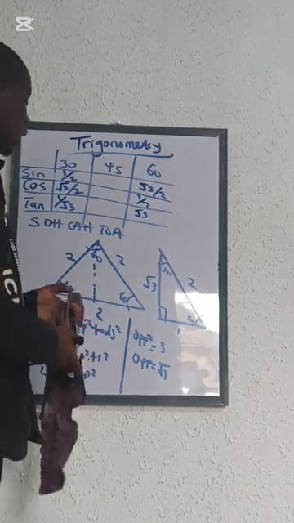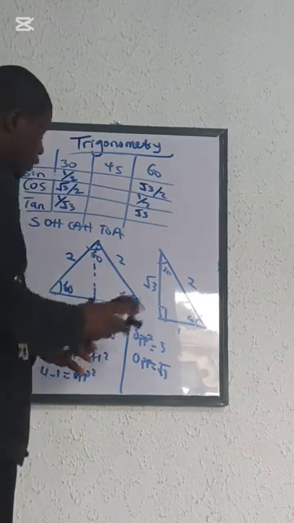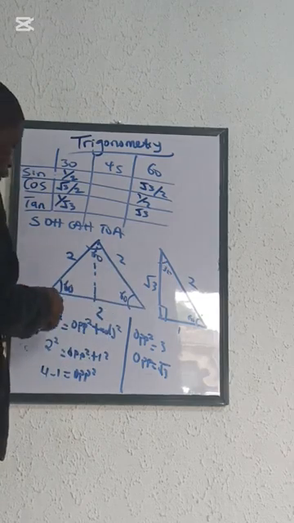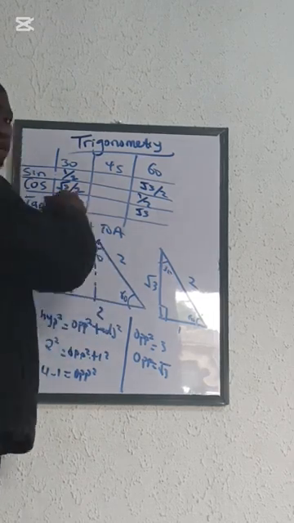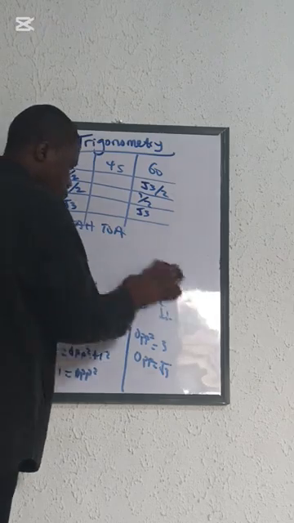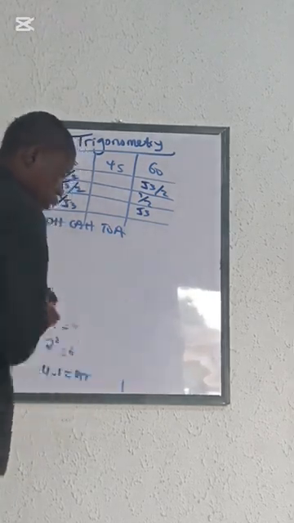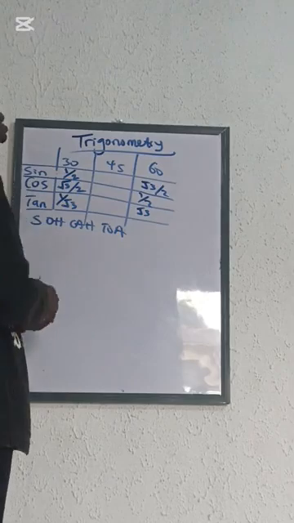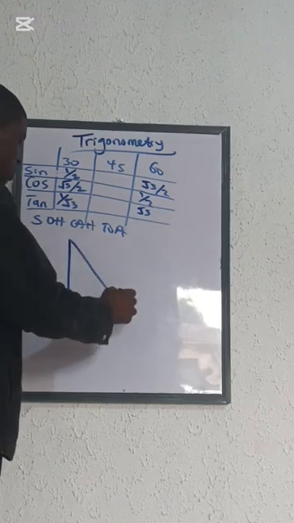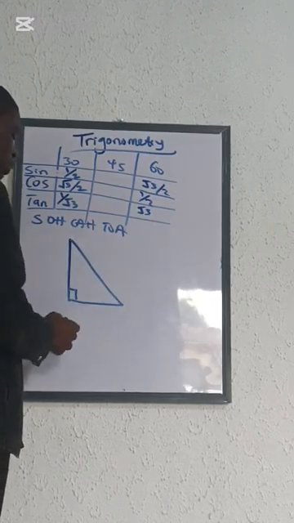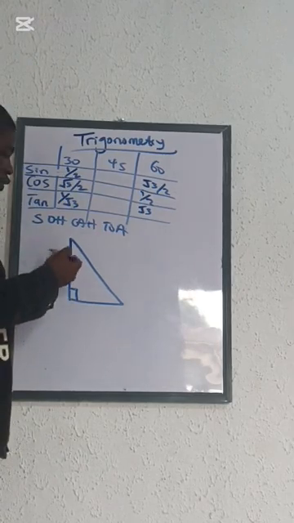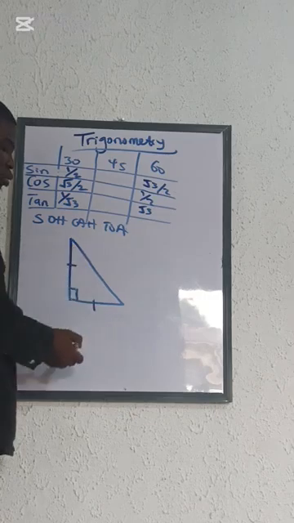for 45, we're using a right angle triangle which is isosceles. Don't worry, I will explain. A right angle isosceles triangle. So let me clean this, since we've figured out 30 and 60. For angle 45, we're using a right angle triangle, but in this right angle triangle, these two sides are equal.